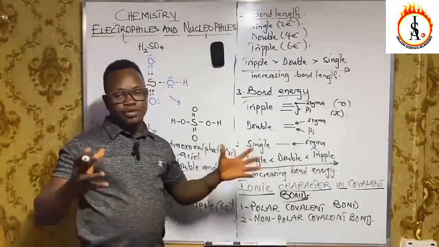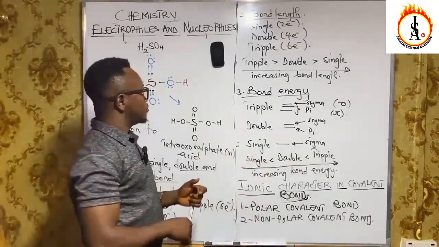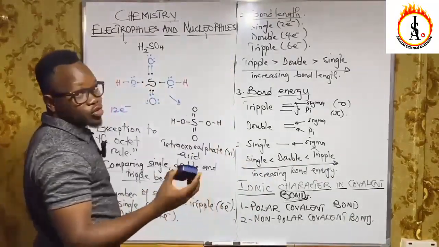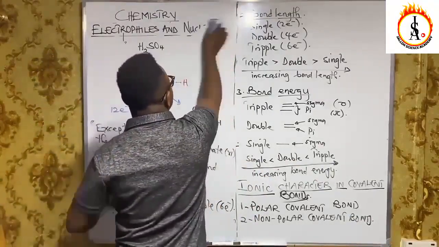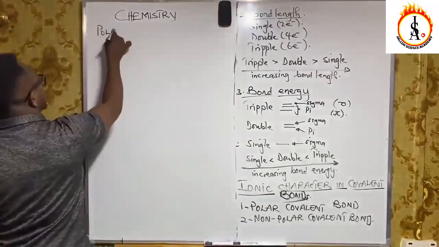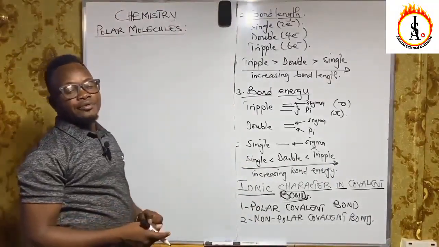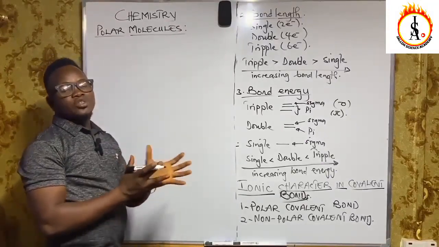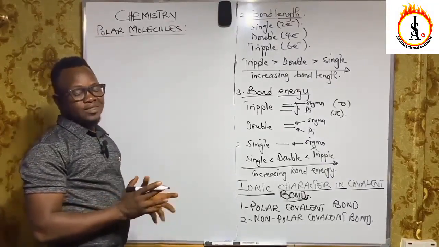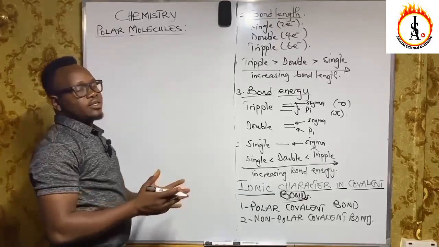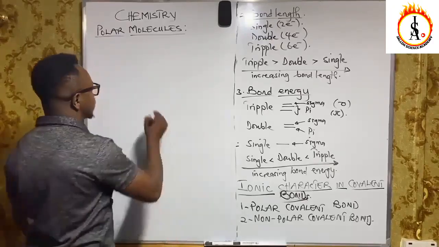So we start off with polar covalent bonds, which give rise to polar molecules. Now, polar molecules are formed as a result of the electronegativity difference that exists between the species reacting to form a bond.